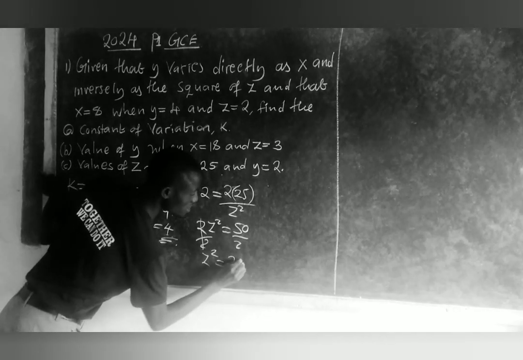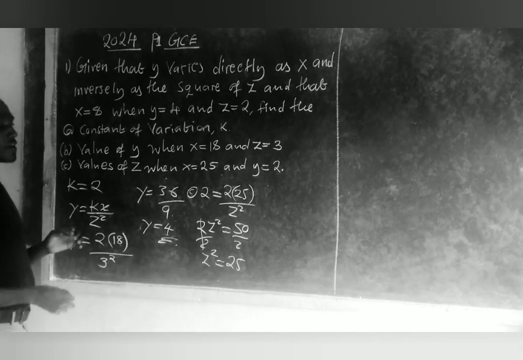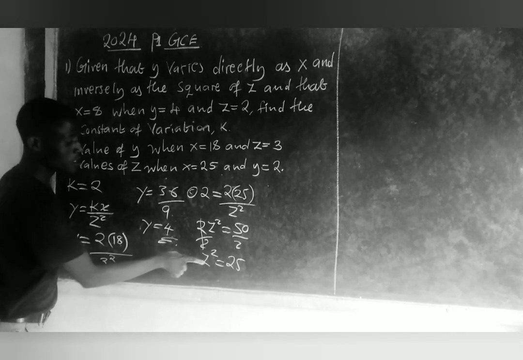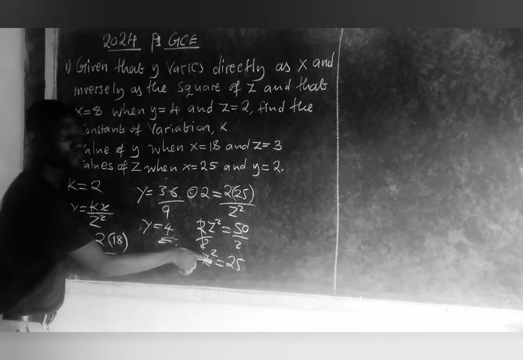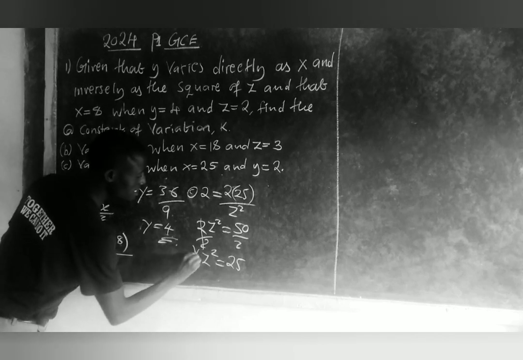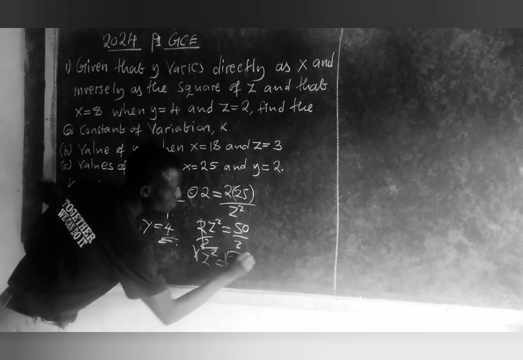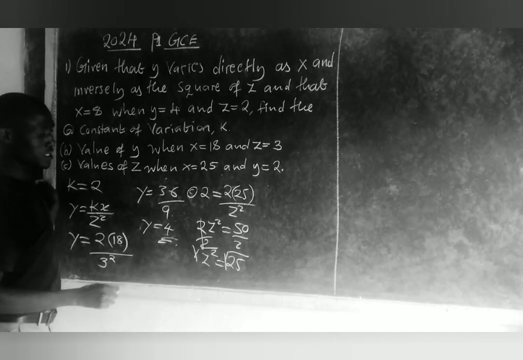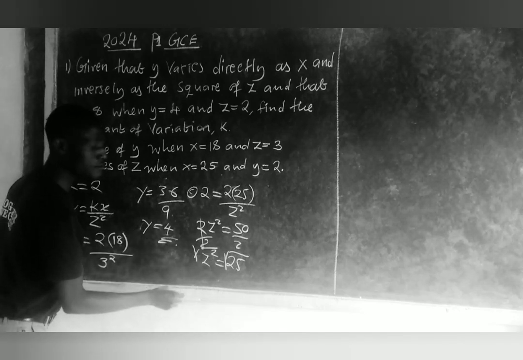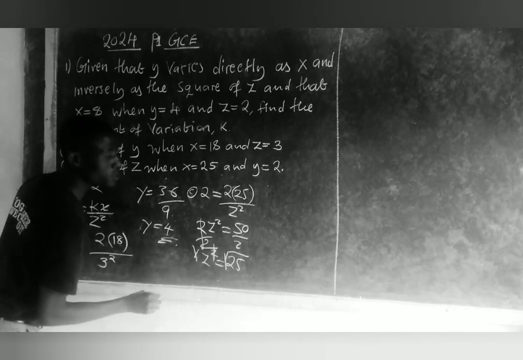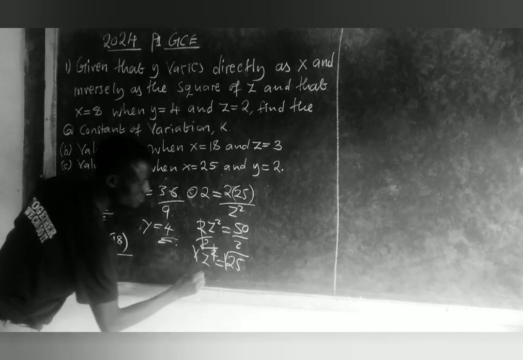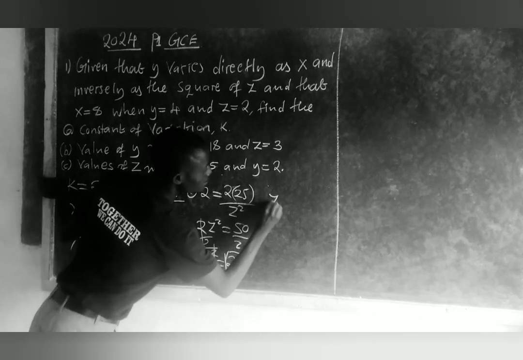That is 25. Hence we want to find the value of z, so we just have to introduce the square root symbol. The square root goes with the square and we remain with the z.